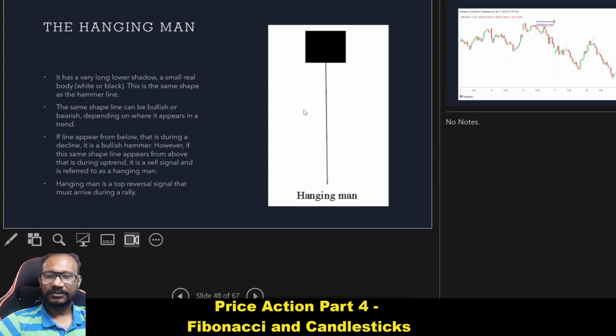Only thing is that it is going to be reversing from here. So how hammer indicates a reversal for the bears, that market has been falling and then you see a hammer, now there is a possibility that the market would reverse. Similarly, hanging man says that the market has been in an uptrend and you see a hanging man, from here the market can come down.